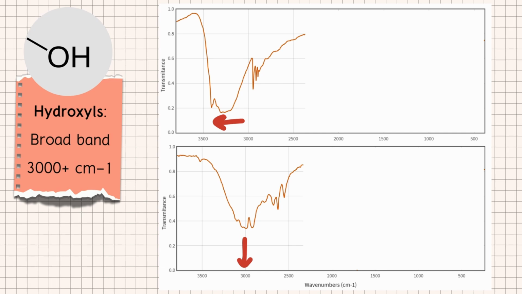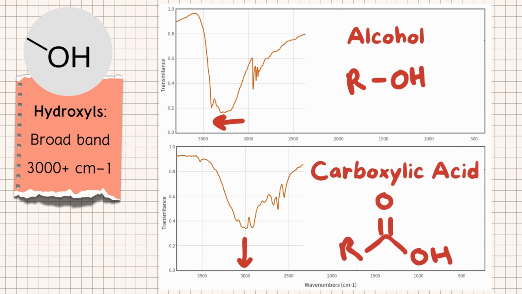The one on top indicated the OH of an alcohol specifically, so think of an OH bonded to its own carbon. The one below indicates the OH of a carboxylic acid, so think of an OH that is bonded to a carbonyl carbon. Thus, these different signals show slightly varied absorbances.